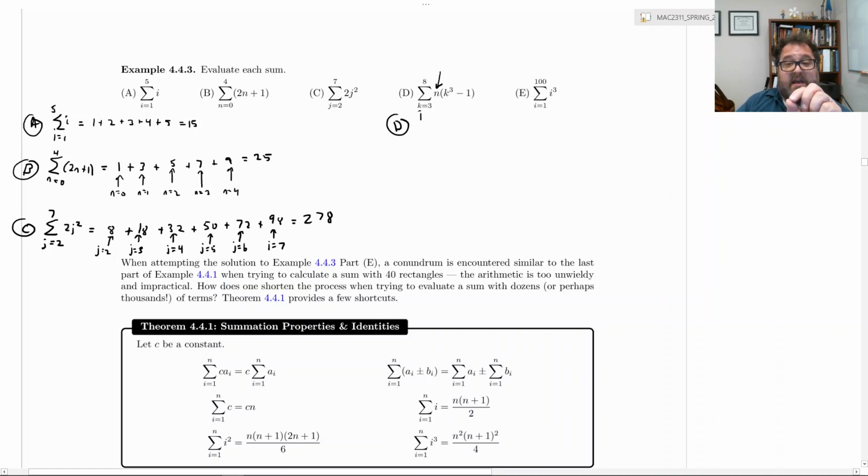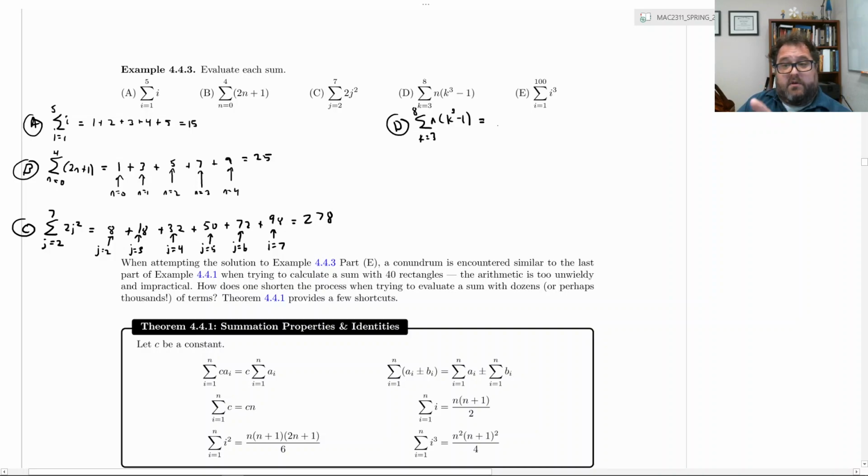The index is k, which means you're plugging into the expression for k. So let's see how that affects this. We're going to take the sum of k equals 3 to 8 of n times k cubed minus 1.